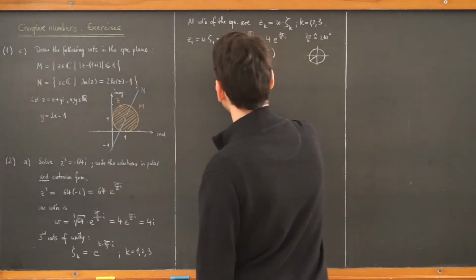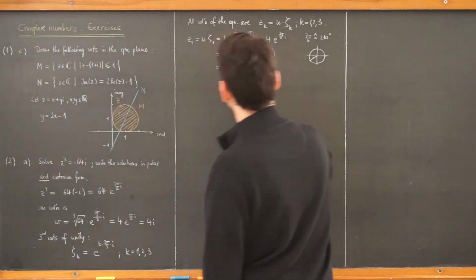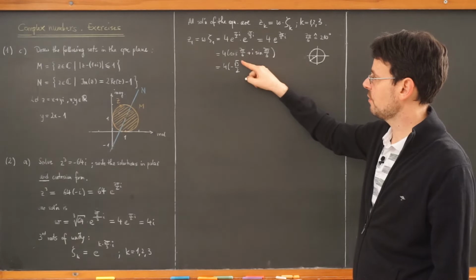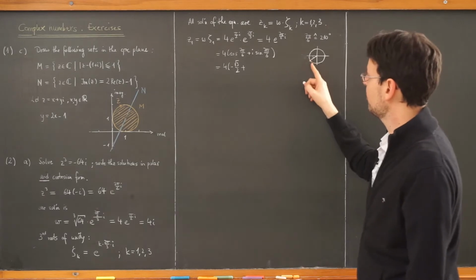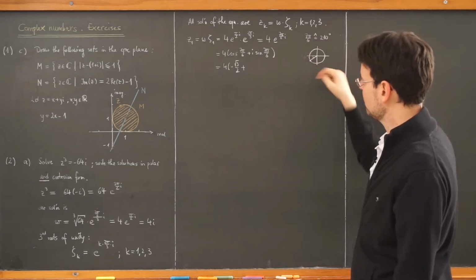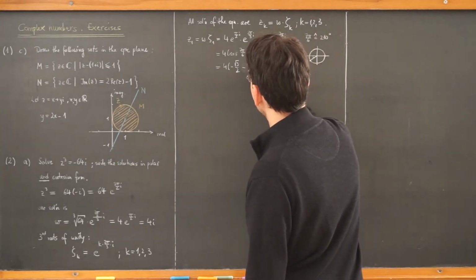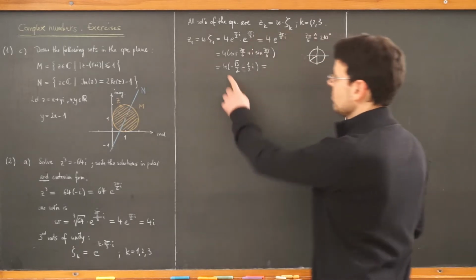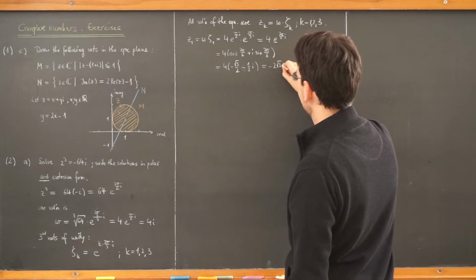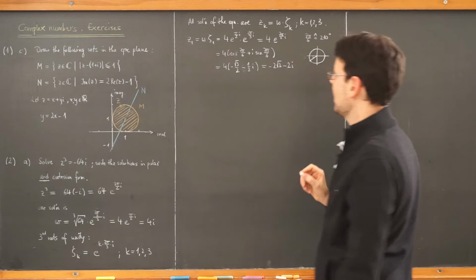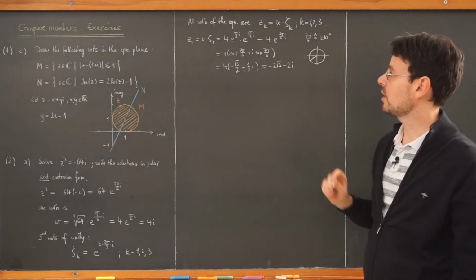So we have a minus sign and then square root of 3 divided by 2, plus, and the sine of 30 degrees is 1/2. We're also in the negative part, so we have minus 1/2 i, and multiplying by 4 gives us minus 2 square root 3 minus 2i. And this is another solution of our equation.